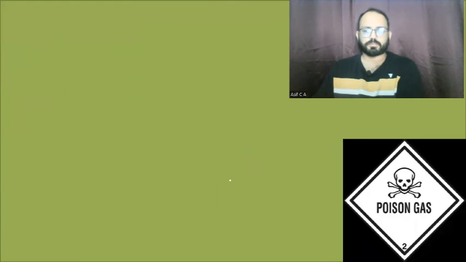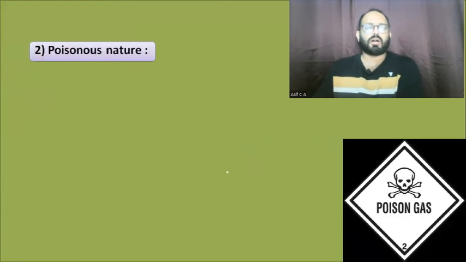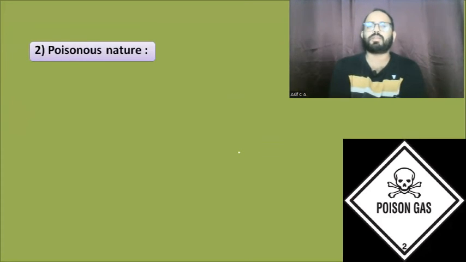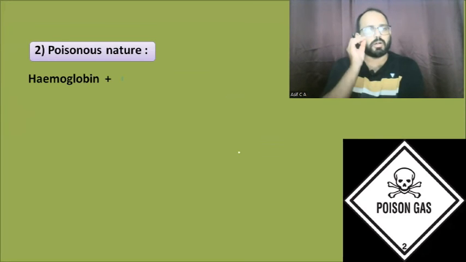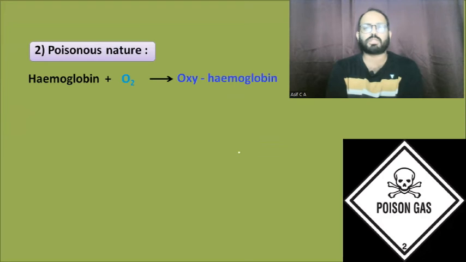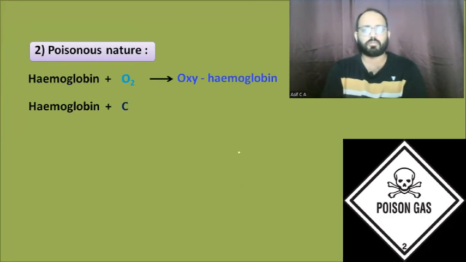Fine. Now it's poisonous in nature. Obviously we know that carbon monoxide is poisonous. I have said it maybe three or four times already, it's dangerous. You know, our hemoglobin reacts with oxygen and you get oxyhemoglobin. That is very much needed for us.